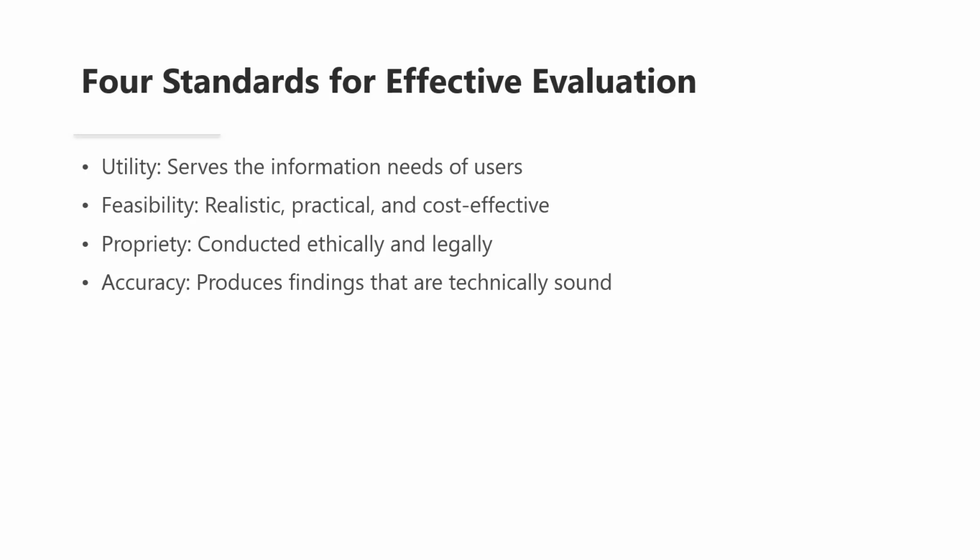A helpful way to remember these is the acronym UFPA, or you can think of it as useful, feasible, proper, and accurate. You have covered a lot of ground in this video, and I am proud of the progress you are making. These frameworks will come up again and again, and each time you revisit them, they will feel more natural.